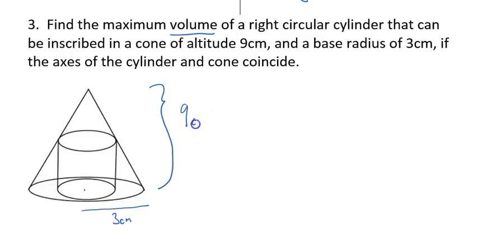Now, obviously, both of those numbers tell us about the cone, but we don't know anything about the cylinder, just that it fits in there, because it's obviously going to have a smaller radius and a smaller height than that cone. So what we're going to do is we're going to talk about just the cylinder, and I'm going to label its height and its radius as h and r.